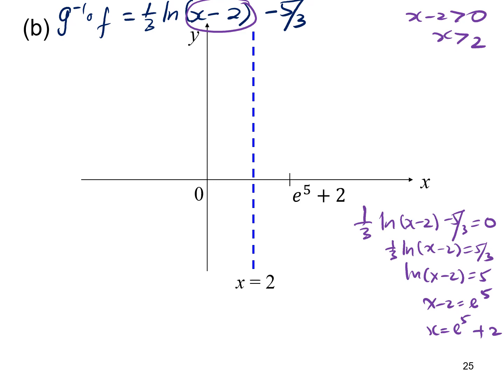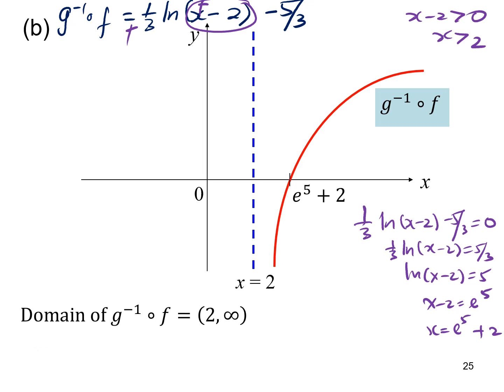So you get the x-intercept here. This is a log function, so the graph is like this. The domain we can read from the graph: 2 to infinity, open, and the range is all real numbers.